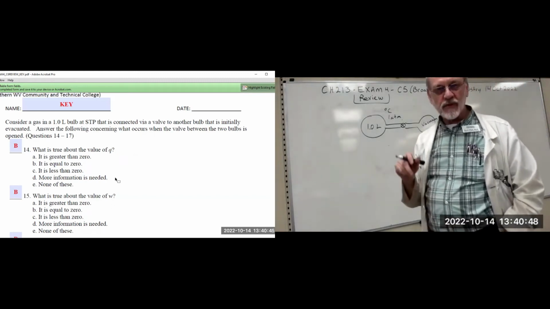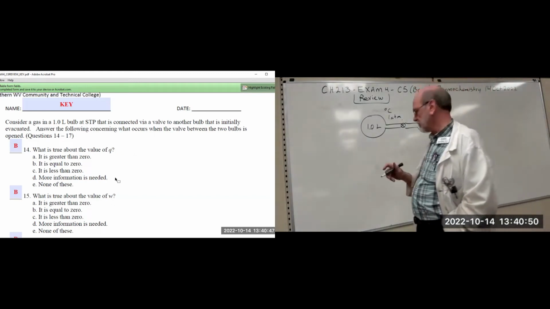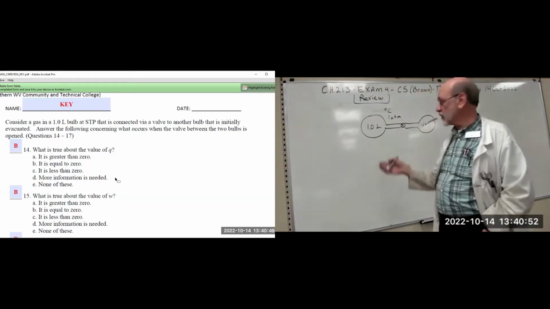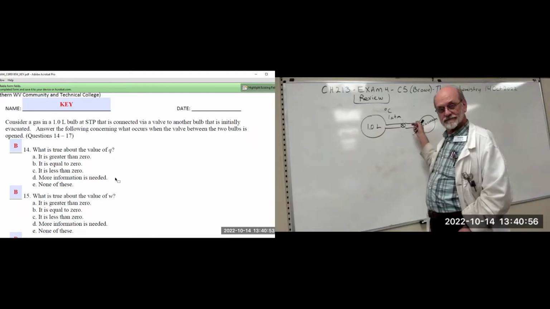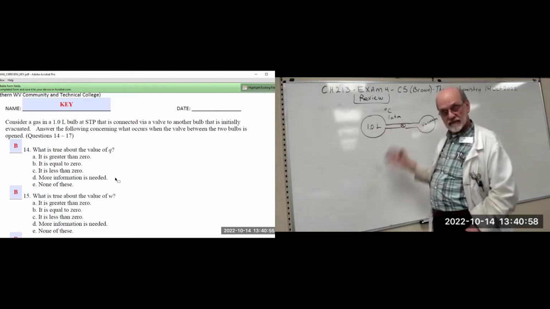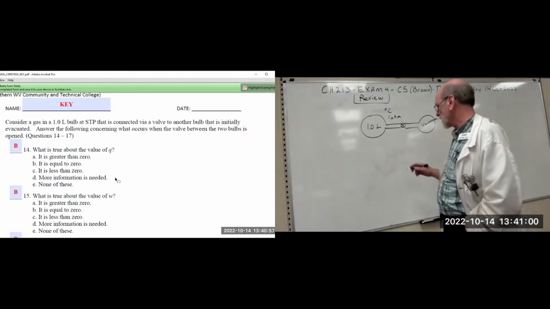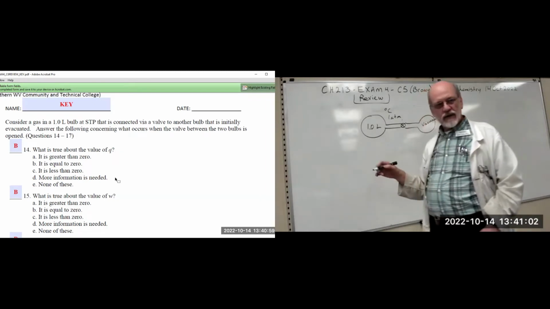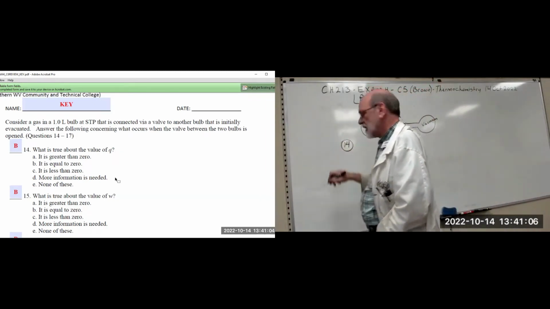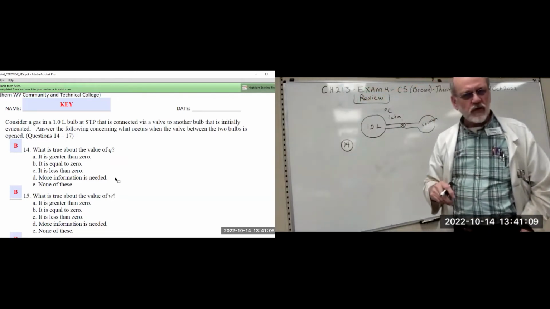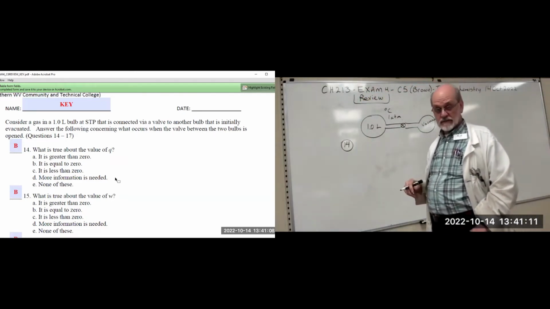Now, what happens when the valve opens? Well, obviously, when the valve opens, gas is going to flow from here to here until it equalizes the pressure. And we don't have to know exactly what that value is to answer the questions. 14. What is true about the value of Q?